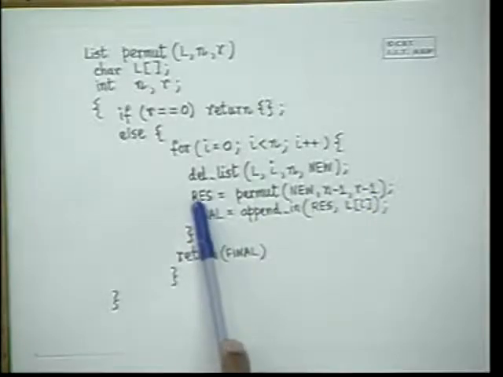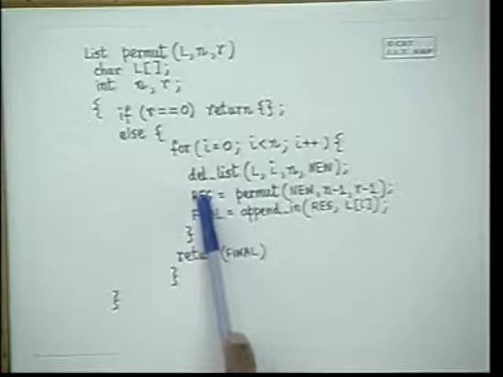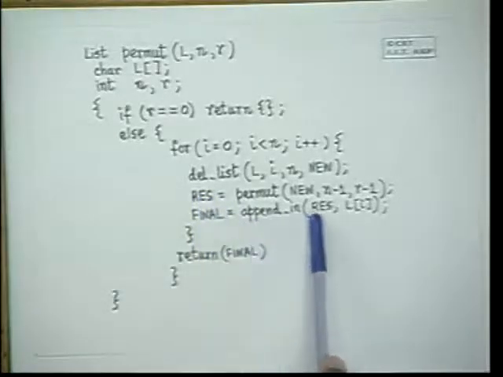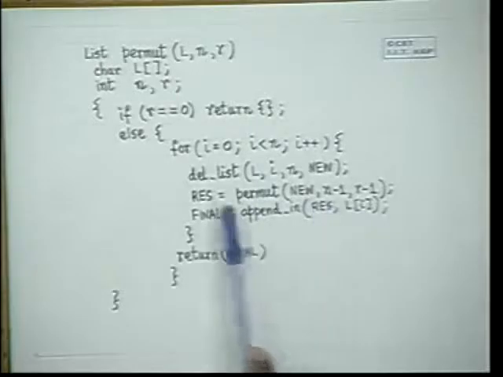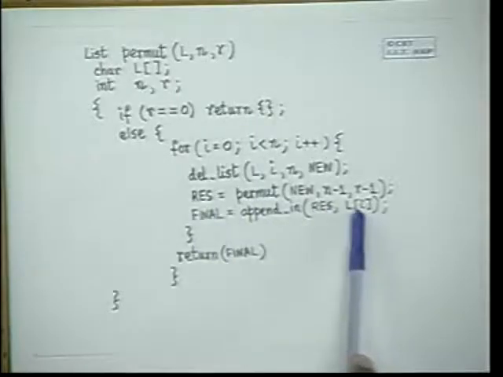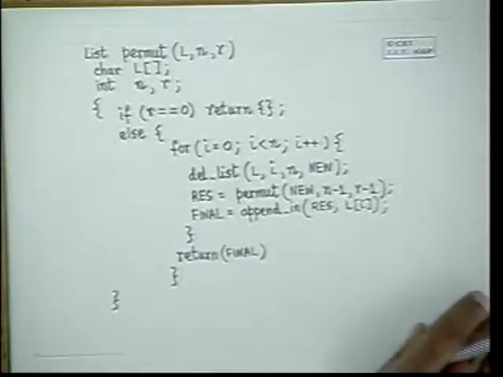And in RES, which I have not declared, but you have to declare it again as in a proper structure, and we still do not know how to declare this. We have to append in each and every element of RES the element Li in the front of it, and we will get the final, and we will return this final permutations array. Is that okay?